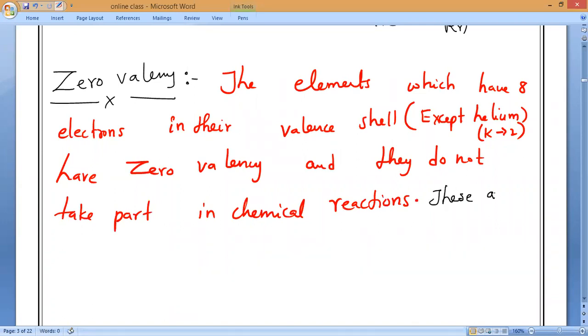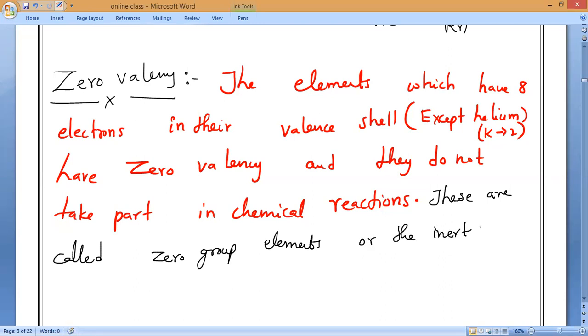Now a new name also I will say: these are called 0 group elements. Harizeras, do you understand? 0 group elements are the inert gases. Inert gases, stable gases, unreactive gases, we call everything the same thing.